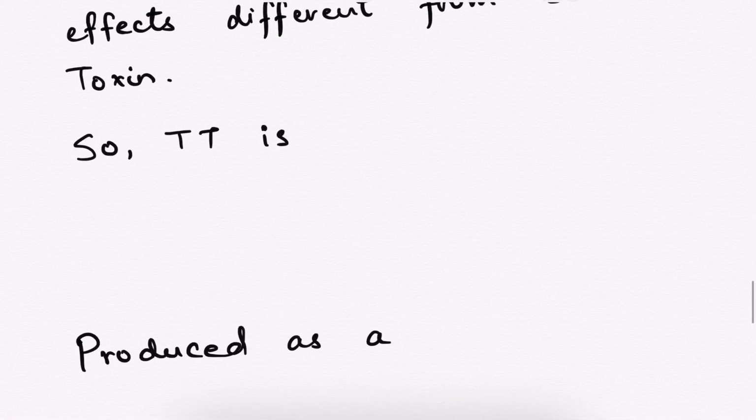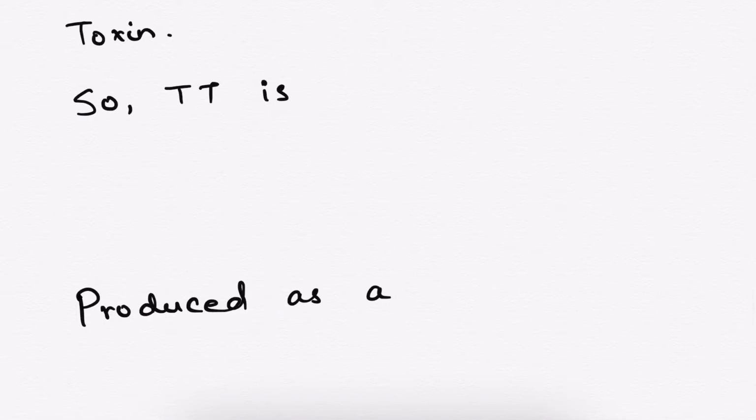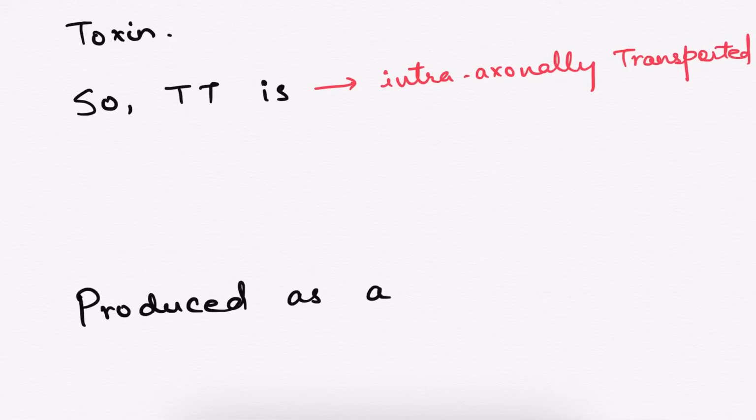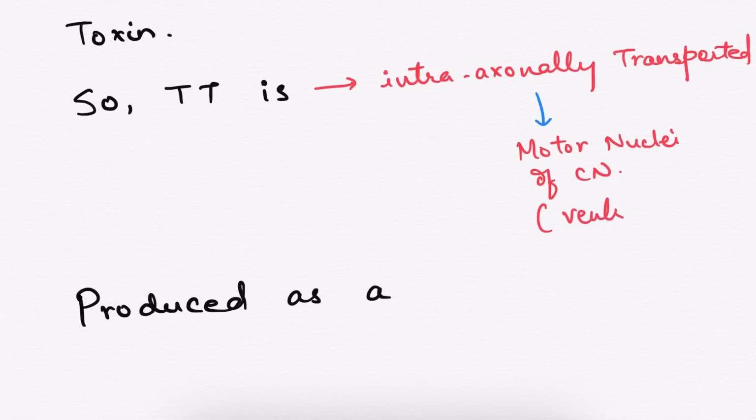The tetanus toxin is intra-axonally transported to the motor nuclei of the cranial nerves, or the ventral horns. So they are transported to the motor nuclei.